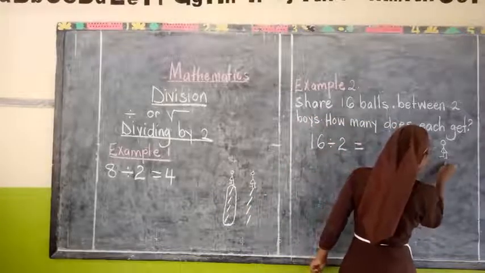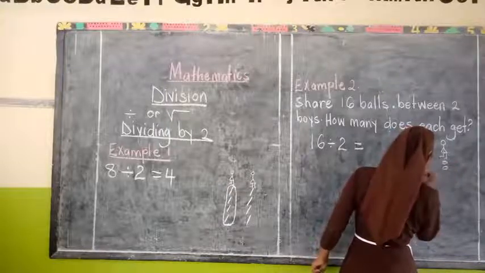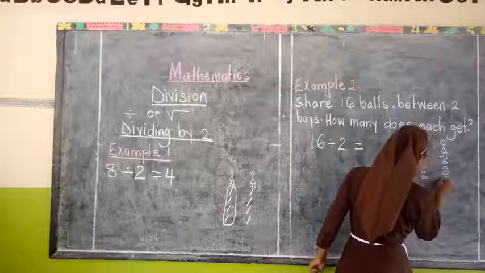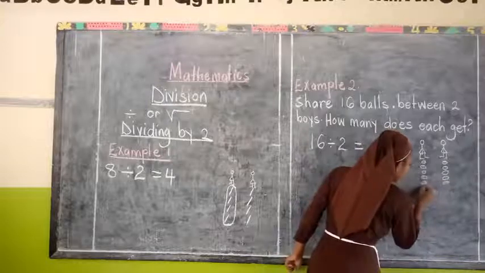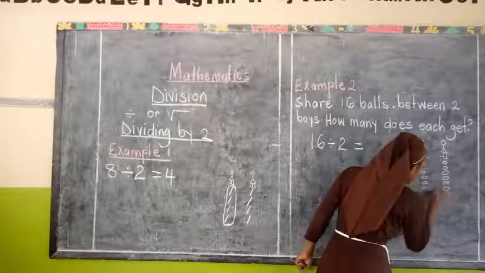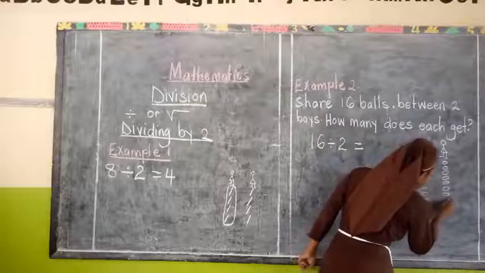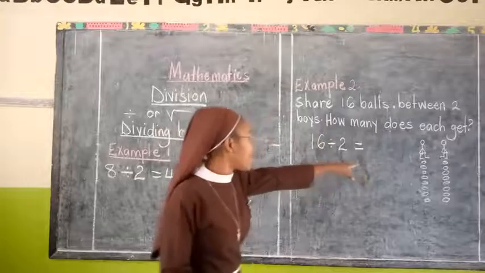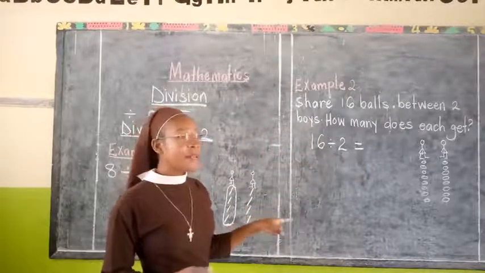1, 2, 3, 4, 5, 6, 7, 8, 9, 10, 11, 12, 13, 14, 15, 16. Very good. Those are our 16 balls. I know some people are already counting.